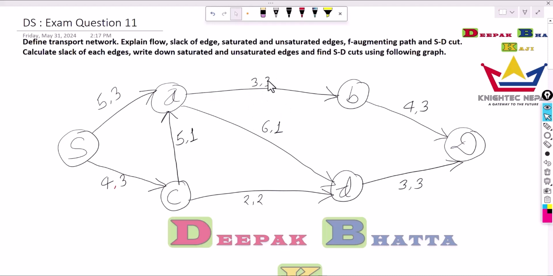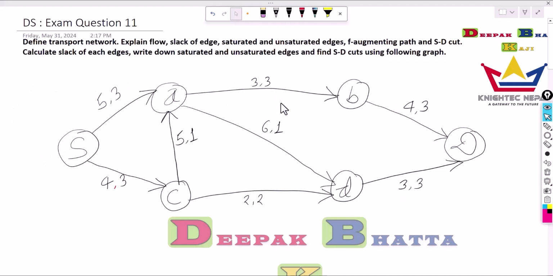So this 3 and 3 are same, then we can call this edge a saturated edge, and this 1 is a flow through the edge less than the capacity of the edge, that means this is an unsaturated edge. So here the A B edge is saturated, C D is saturated, and D to capital D is saturated. So all the remaining are unsaturated.